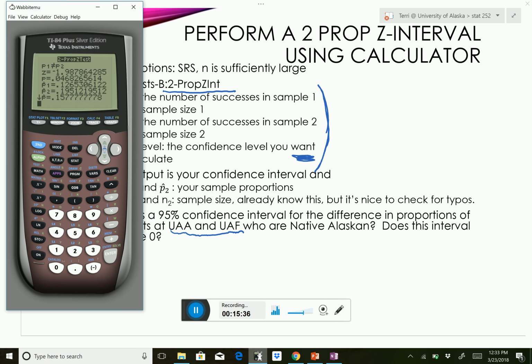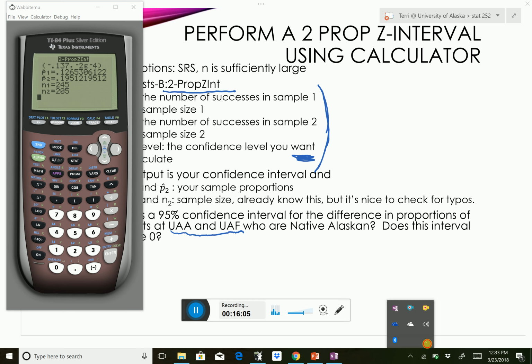So we're going to go stat, tests, and down to 2 prop z int, it's B. So 31, 245, 40, 205, C level is 95%. Everything's already in there. Boom.